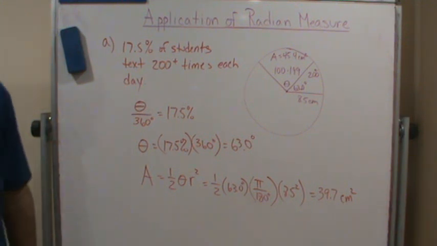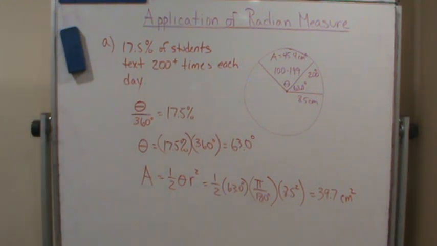So now, here's the next question. It says, given that the area of the pie chart section showing the percent of students who send 100 to 199 texts per day is 45.4 square centimeters, what's the central angle?